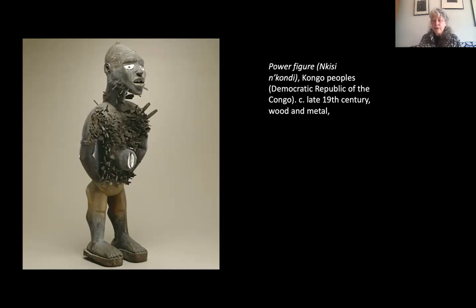And then everybody would sign on the dotted line, so to speak, by sticking a nail or piece of metal in that thing. So my notes say it's an oath-taking image, but it's also an avenger. So don't break your oath, okay? Otherwise, this thing will come after you.